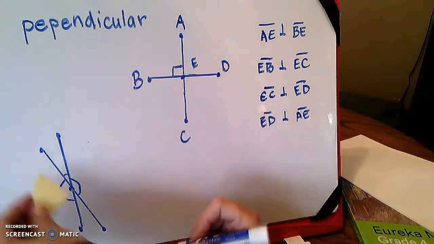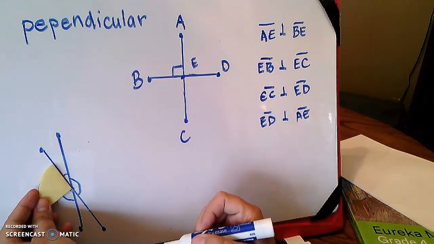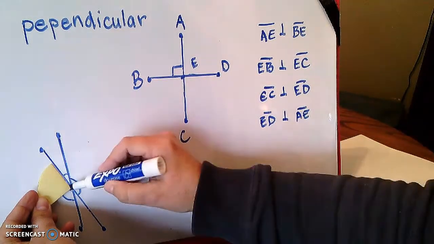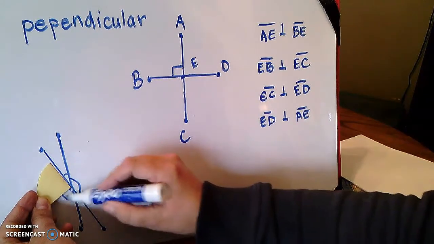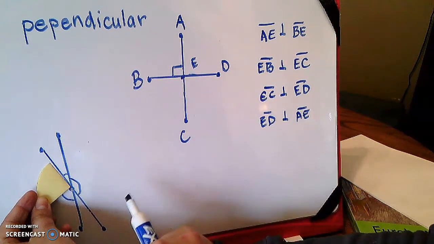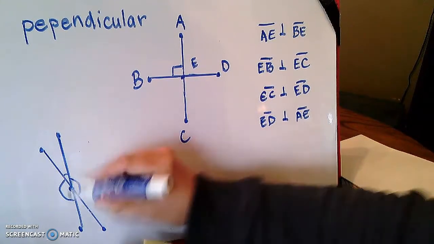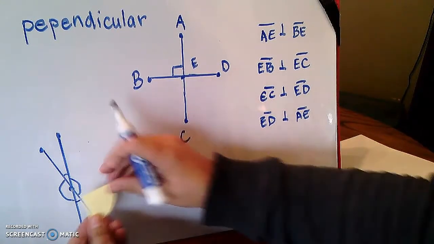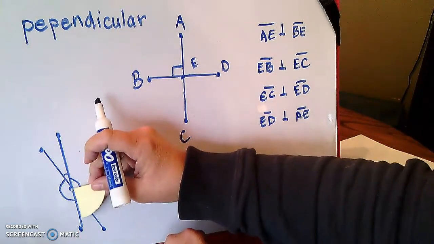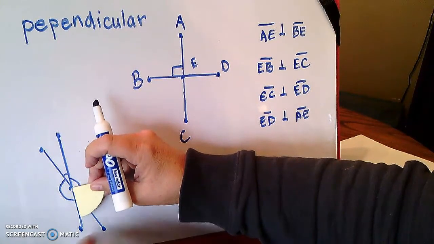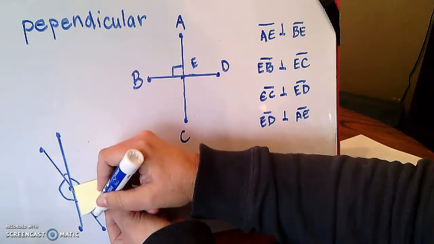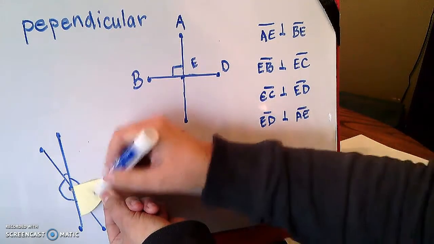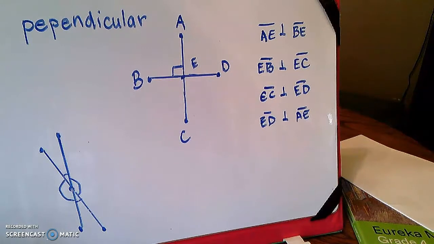Now take a look at this angle. Match up my vertex with the ray. If I follow this ray, this line segment and this line segment, I see that this is larger than the 90-degree angle, or obtuse. And then if I line up my template against this last angle, and I follow this line segment and then this line segment out, I see that it's much smaller than what that 90-degree angle would be.